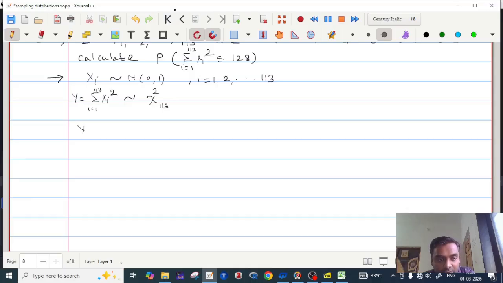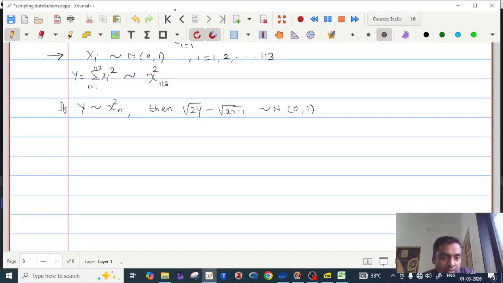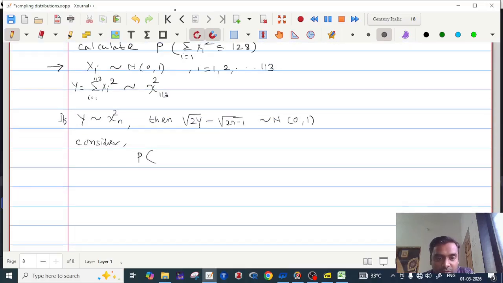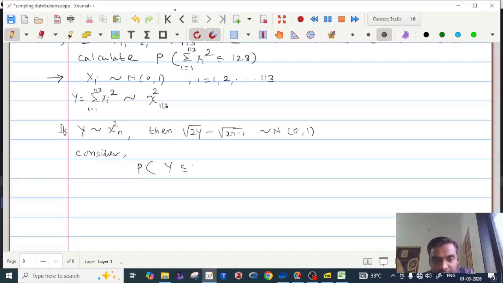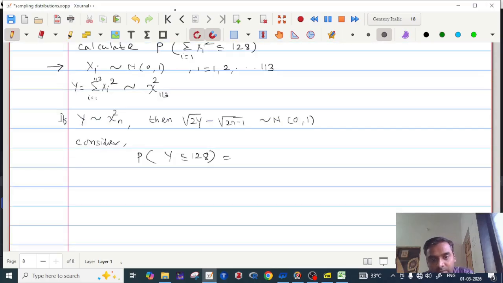Fisher approximation is, if Y follows chi square with n, then square root of 2Y minus square root of 2n minus 1 follows normal 0, 1. Consider the probability of summation Xi square, we call this Y, Y less than or equal to 128, which equals the probability of, now make this adjustment, square root of 2Y less than or equal to square root of.